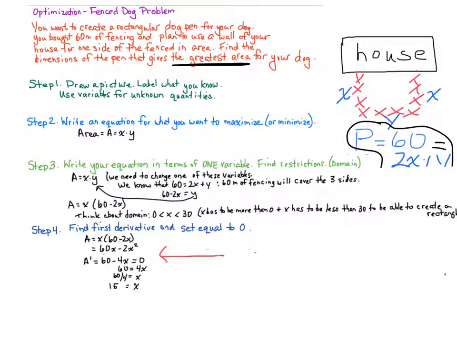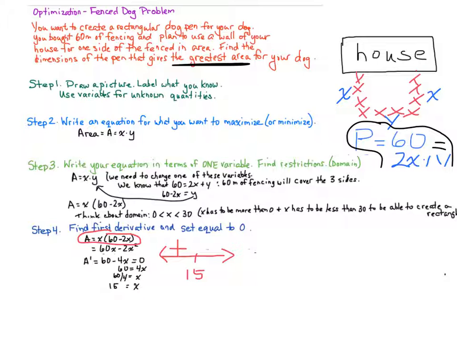Now again, remember, we can do a sign analysis of this. If we substitute 15 in here, and now choose numbers on either side and check their positiveness or negativeness. If I choose less than 15, for example 14, we'll get a positive and a positive, which gives me a positive.